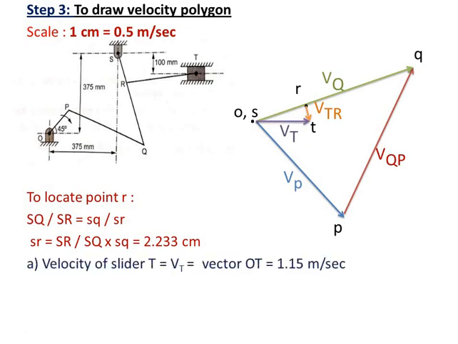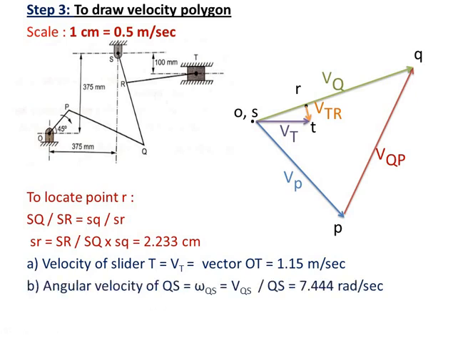Now we have to calculate the velocity of slider T, that is vector VT. Simply measure this distance OT multiplied by scale. It will give you the actual velocity of T, 1.15 meter per second.